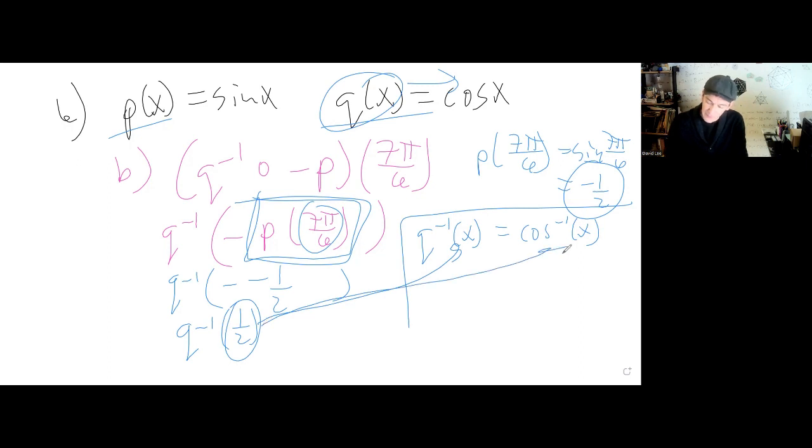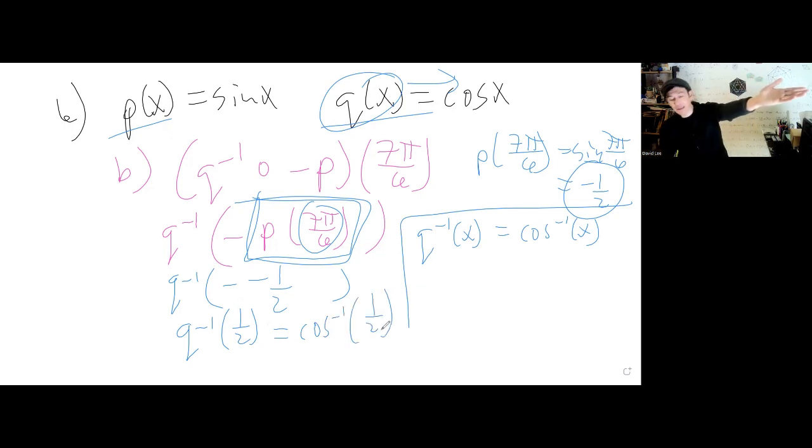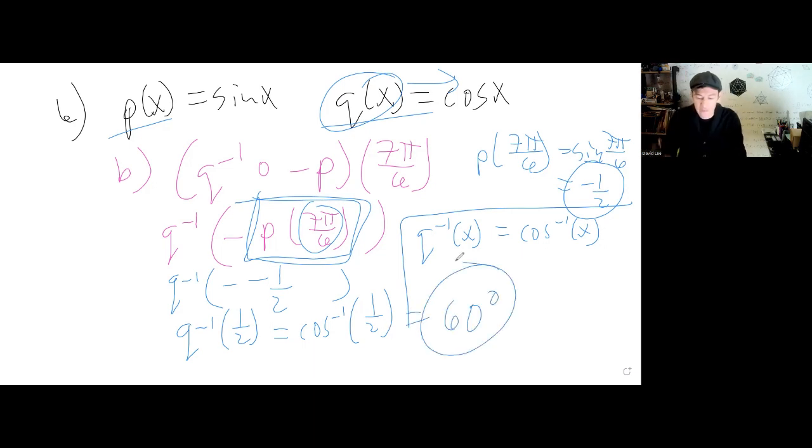So this would equal cosine inverse of 1/2. And you have a calculator. Type in cosine inverse of 1/2. Your final answer is whatever the calculator says. Should be 60 degrees or pi over 3. I'll accept either one. Same thing to me.